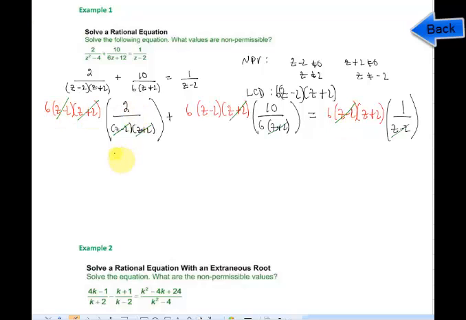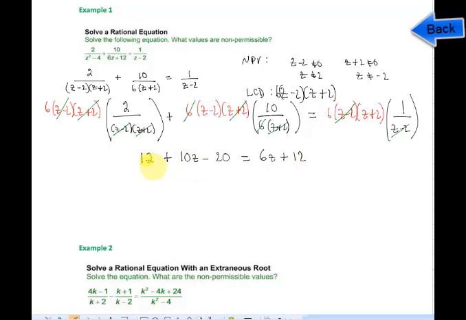Well, 6 times 2 is 12, plus we've got, oh, look what I forgot to do. I forgot to reduce the 6's. Okay, so now we're going to have 10 times z minus 2, which will give you 10z minus 20, and that's equal to 6 times z plus 2 times 1, which will give us 6z plus 12.